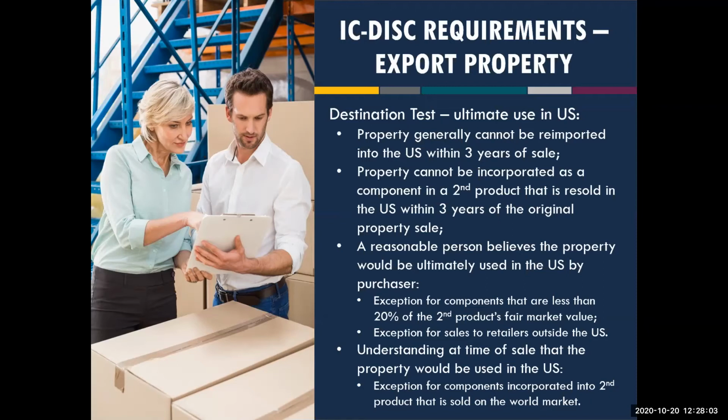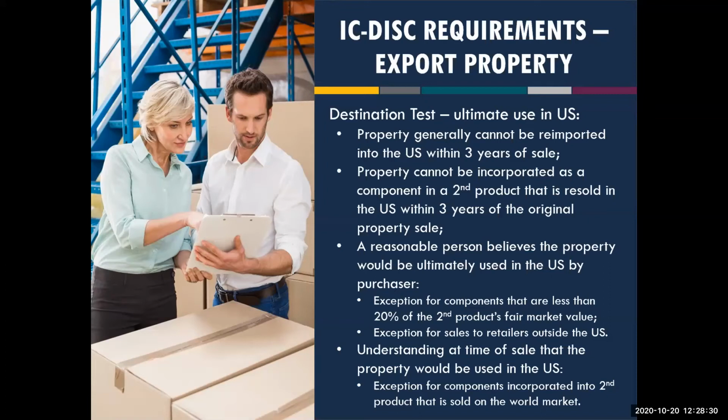This can happen if, under a reasonable person standard, you have reason to believe that the property would ultimately be used in the US by the buyer, or if you have an understanding at the time that you sell the property that the buyer is going to use that property in the US, then that would count as use in the US.